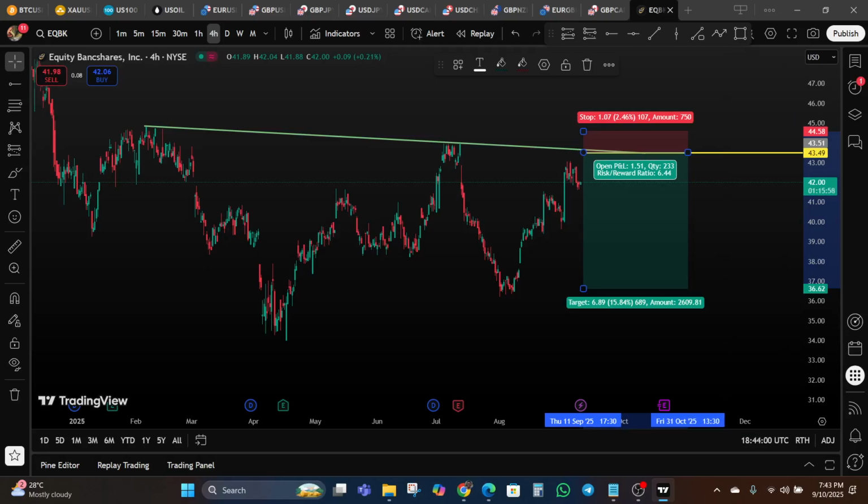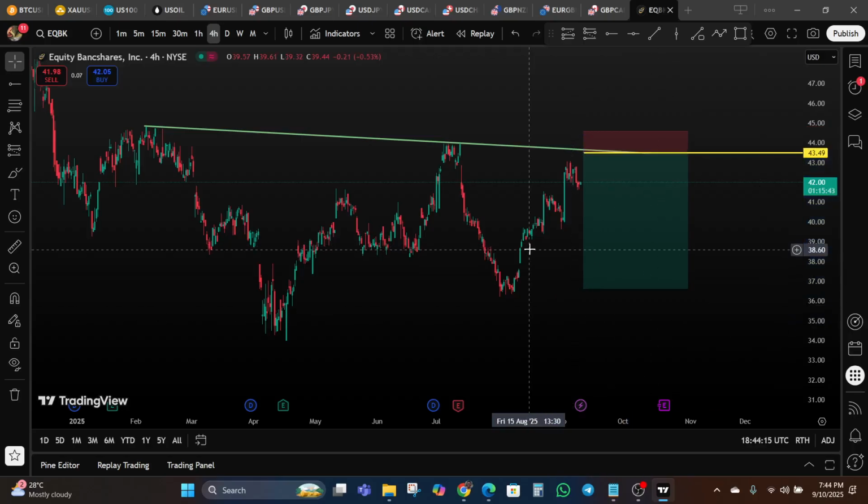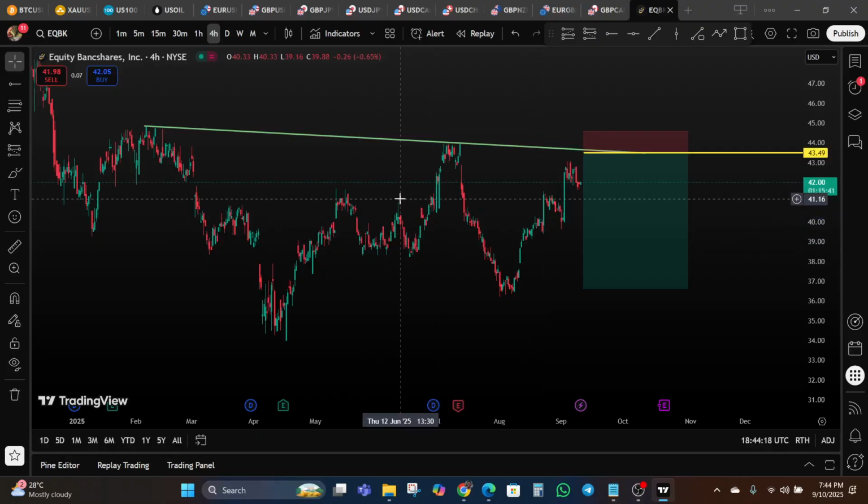Another important step is research and analysis. Fundamental analysis looks at the company's health, earnings reports, balance sheets, and industry trends. Technical analysis looks at price charts, patterns, and movements to predict where the stock might go next.